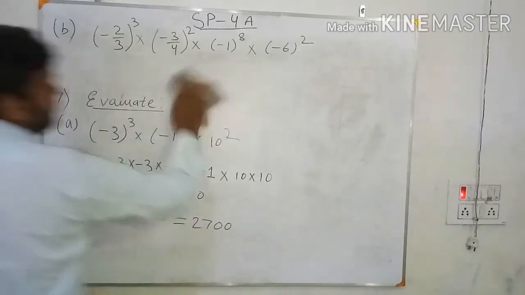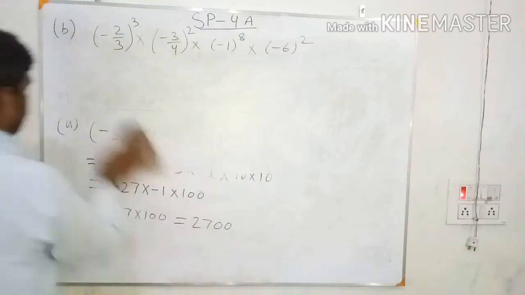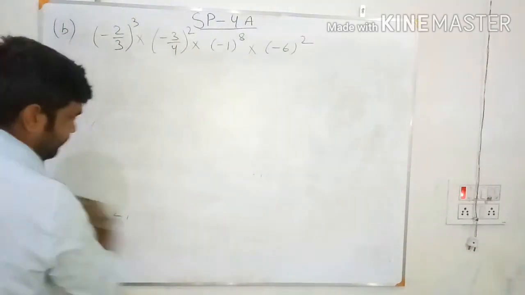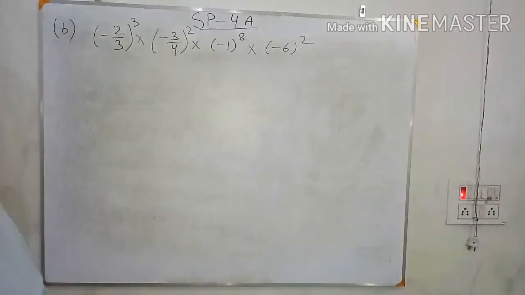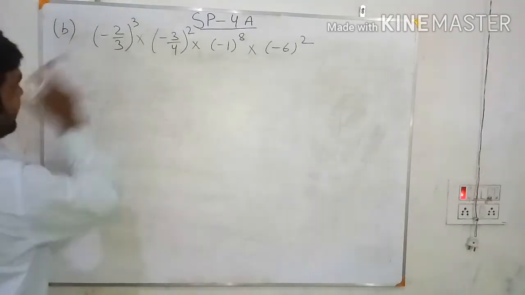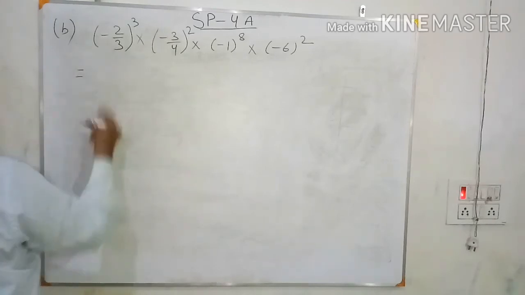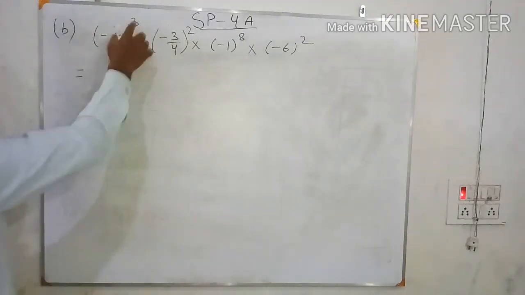Now see how we do. This means multiply this base by itself 3 times. Since base is negative and the power is odd, you will get the negative value only. So directly also we can write. 2 cube means 8.